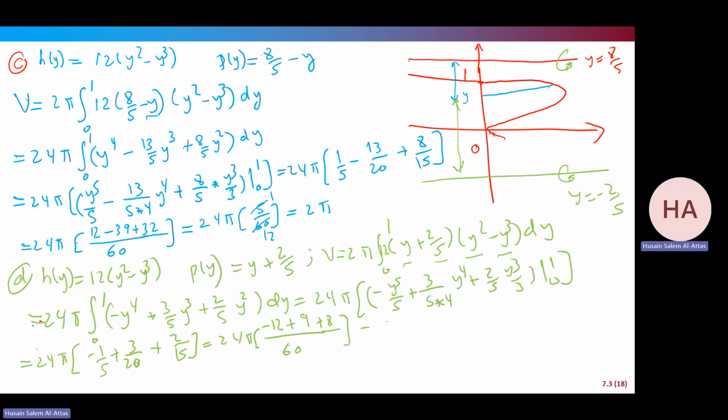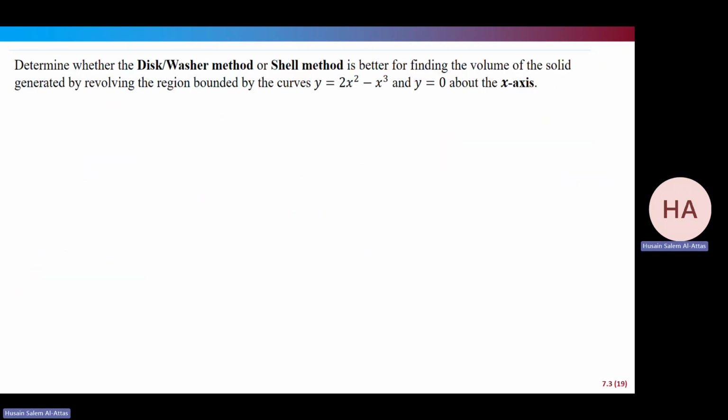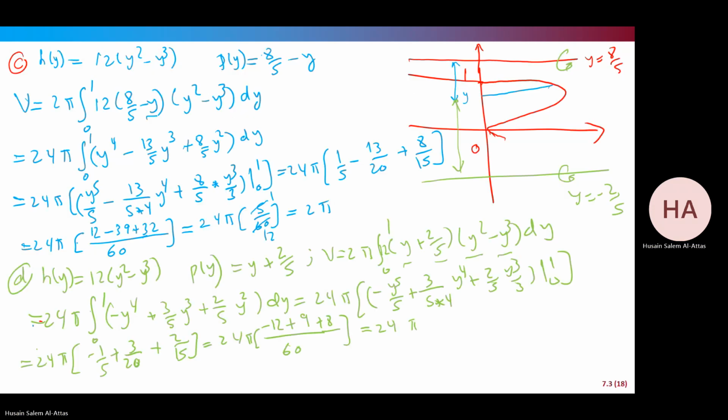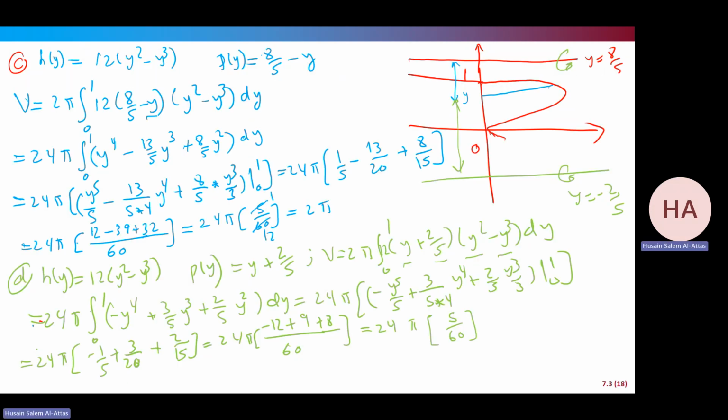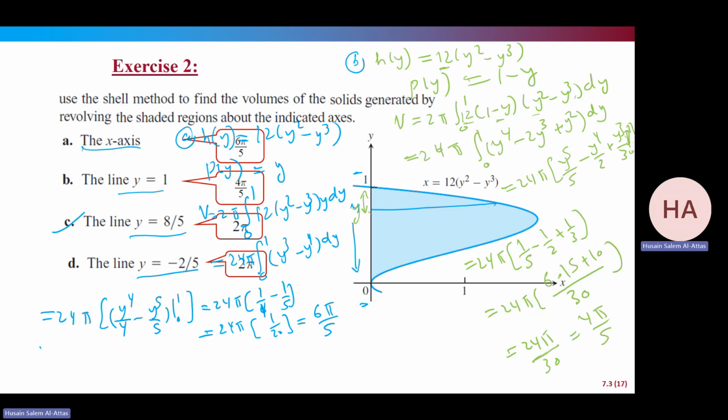So I have 24π times, oops. I think I will do this in a step. I have 17 minus 12, this is 5 over 60. That gives me, this is 1, this is 12, 2π, which is the correct answer.